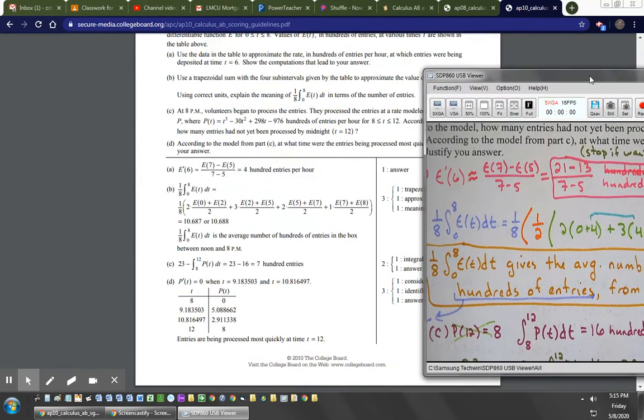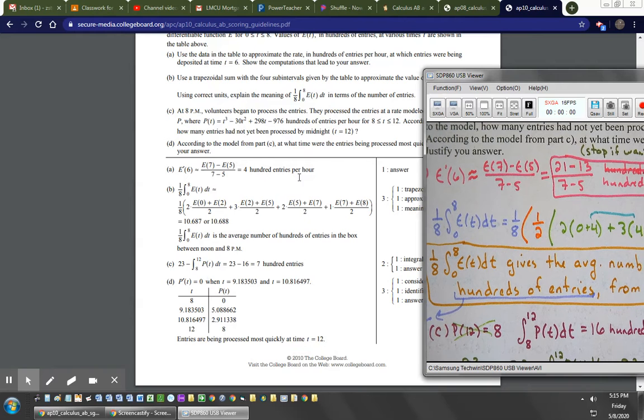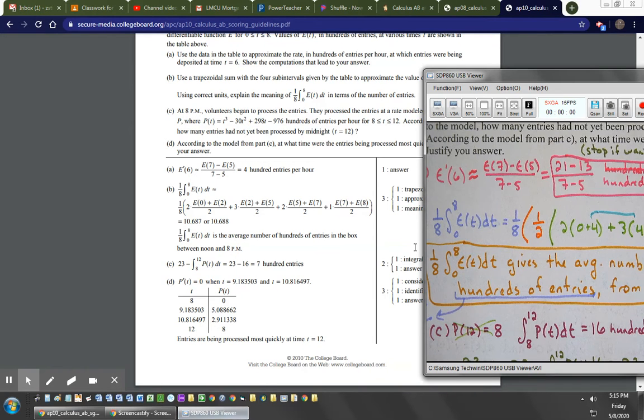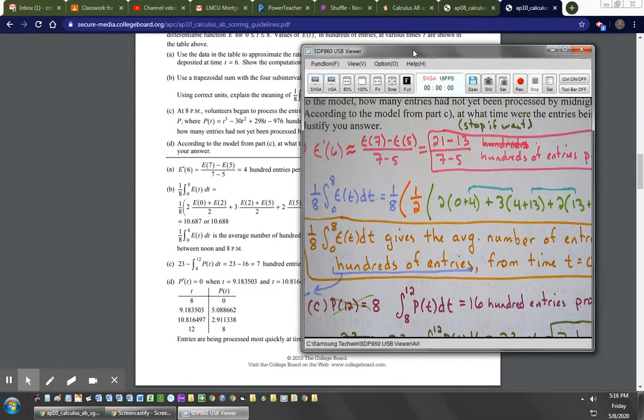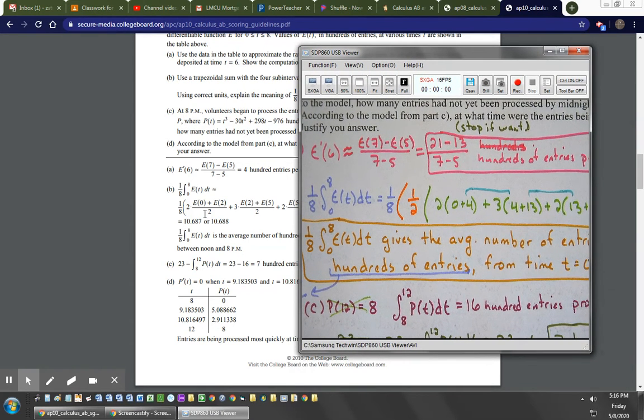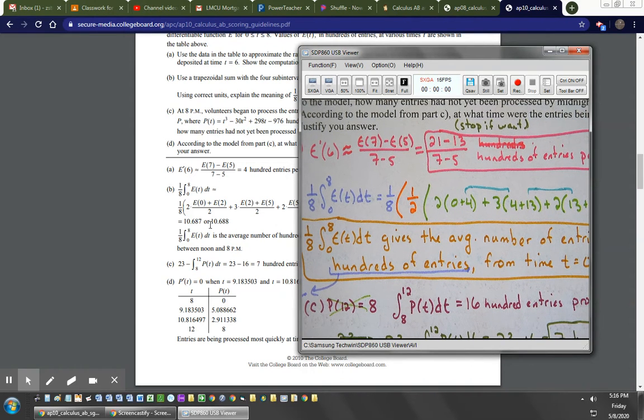So how did we do? So they wrote theirs out as, so there's the approximation. So they got the approximately symbol. They wrote theirs out as E of 0 and E of 2, instead of, we wrote ours out as 0 and 4. We put the E of 0 and E of 2 actually in it. That's fine. They had it equal.